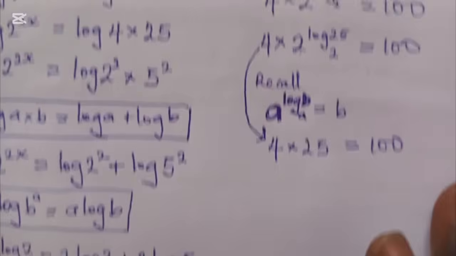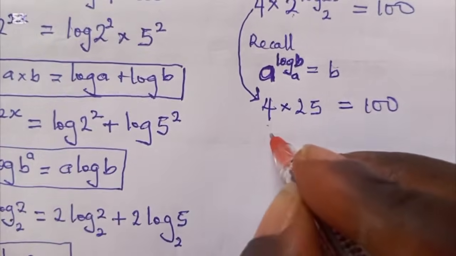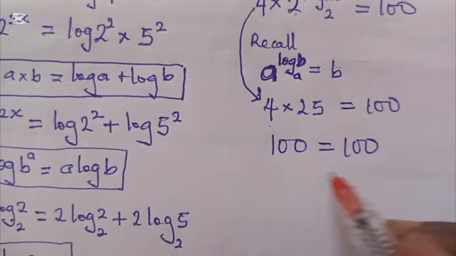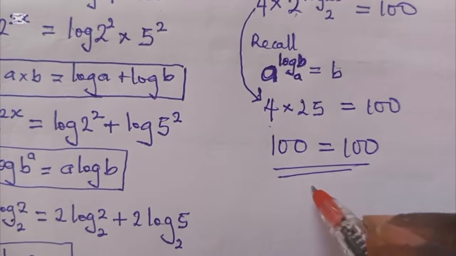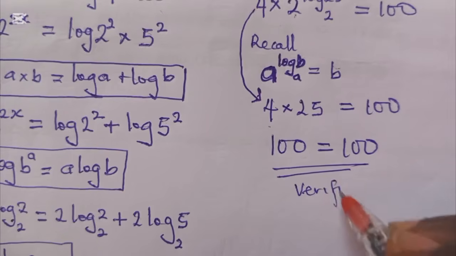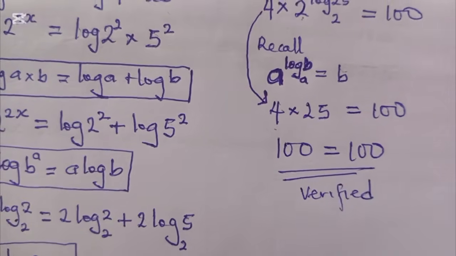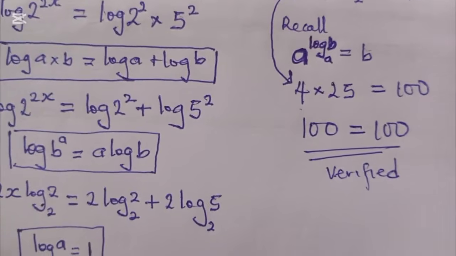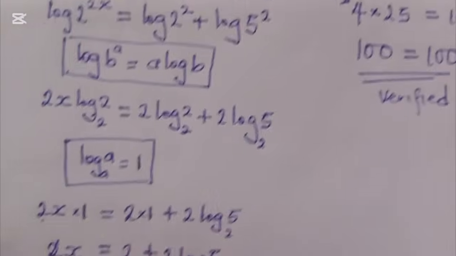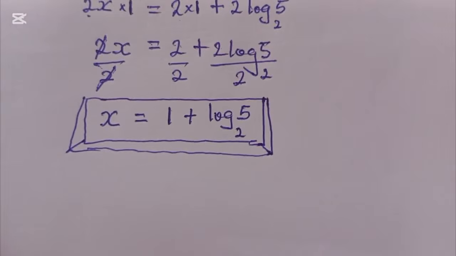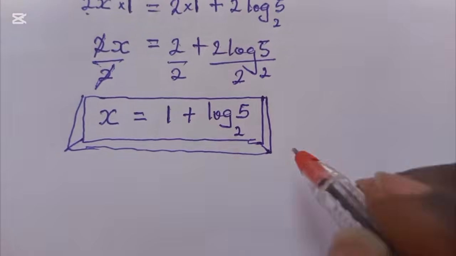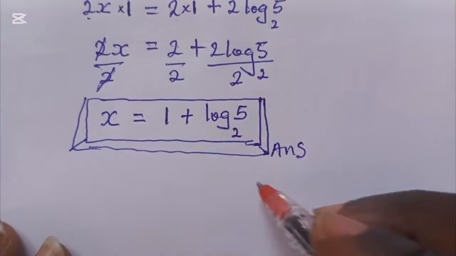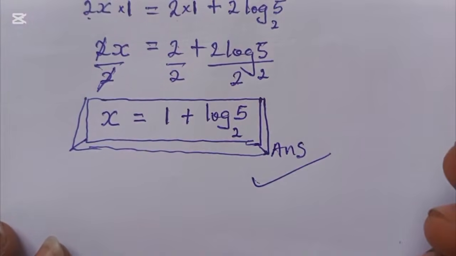So 4 times 25 gives us 100 equals 100. This has been verified. So it means that the value of our x is 1 plus log 5 base 2.